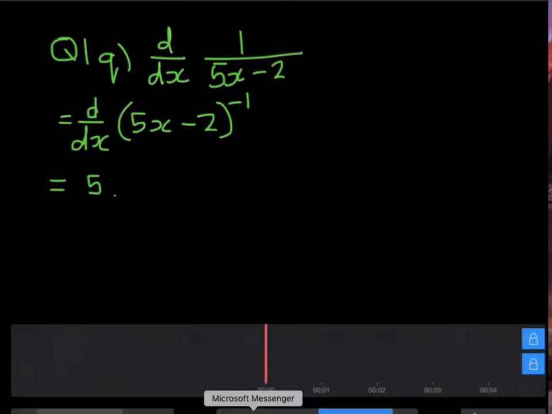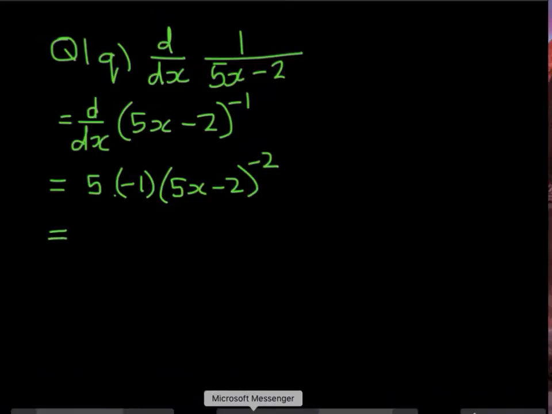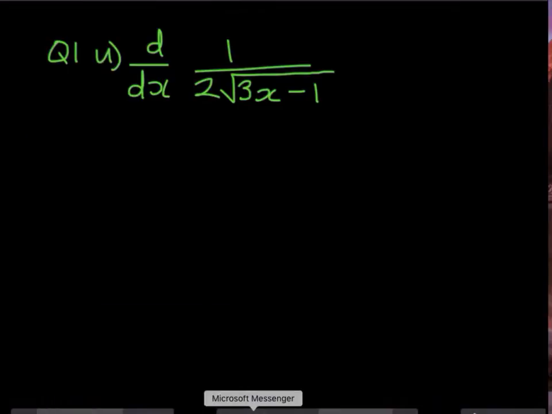We bring down the power that's outside of the brackets, which will give us minus 1, multiply what's inside the brackets by what was there originally, and then take off 1 from the power of minus 1, which will leave us with minus 2. In its final form, that will give us minus 5 over (5x minus 2) all squared. That's 1q.